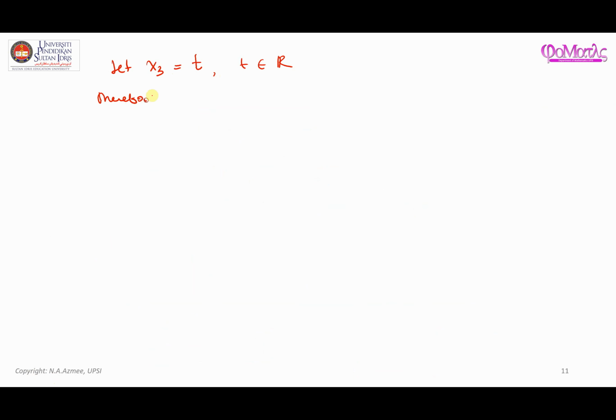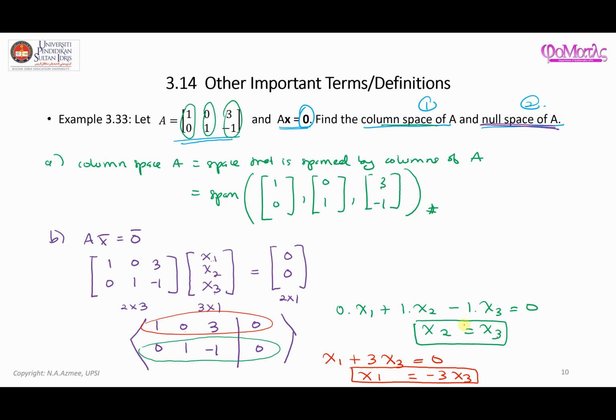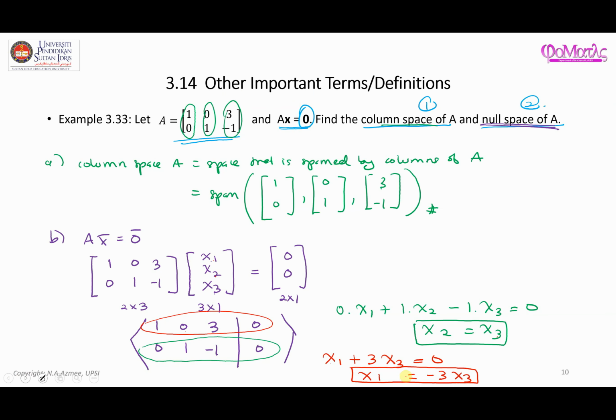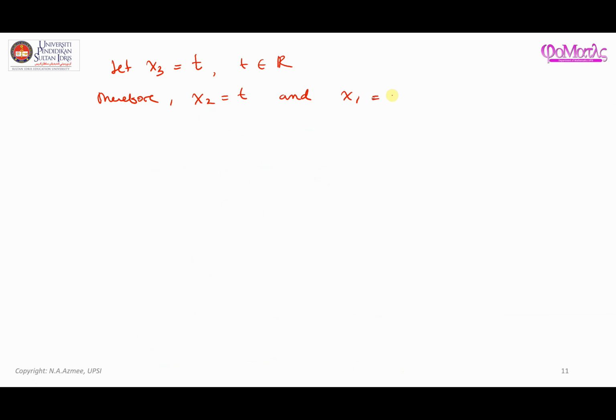Therefore, x2 is equal to x3, which is equal to t as well, and x1 is negative 3x3, which is equal to negative 3t. So that is the solution for x1, x2, and x3.